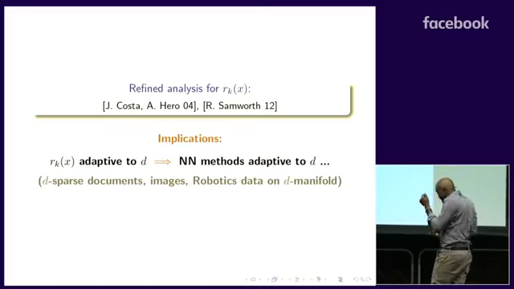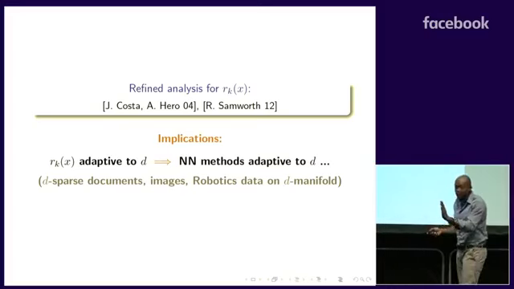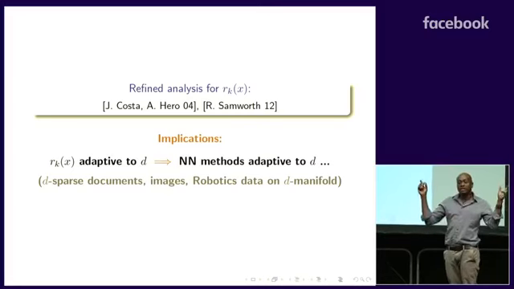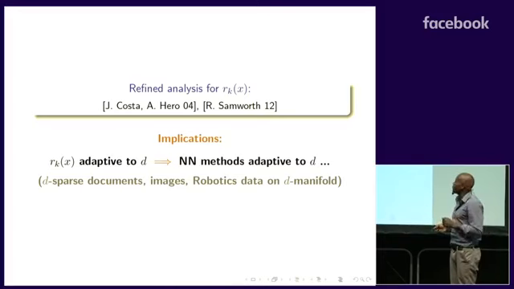The implications are the following, hopefully: now we know that nearest neighbor distances are not affected by the ambient dimension, but are affected by the intrinsic dimension of the data, or of the metric. And so hopefully, nearest neighbor methods, which are essentially based on nearest neighbor distances, are also only dependent on the little d, not on the ambient dimension.